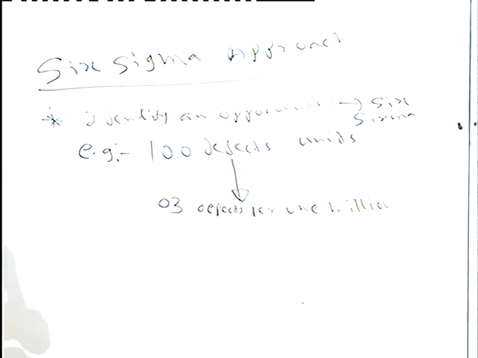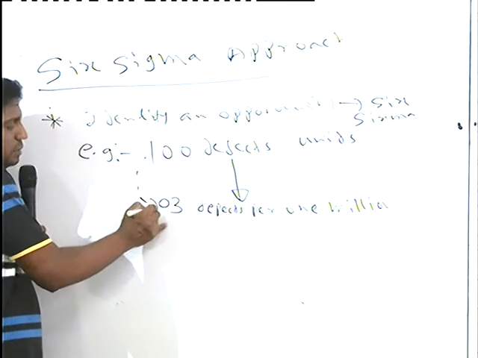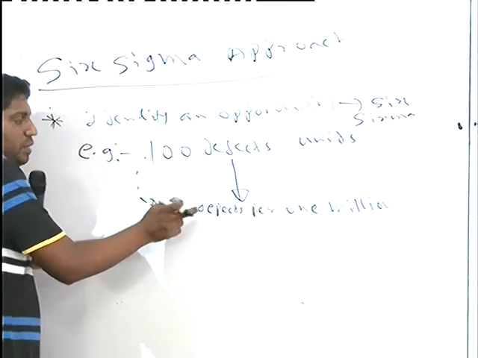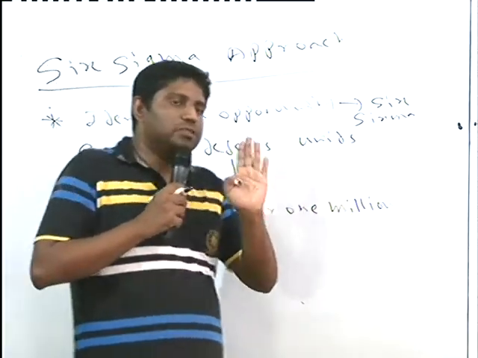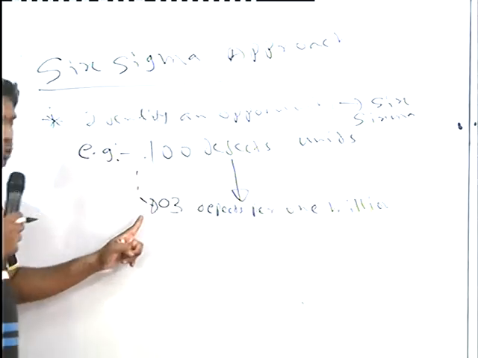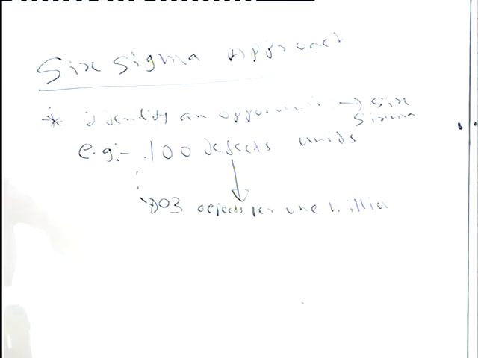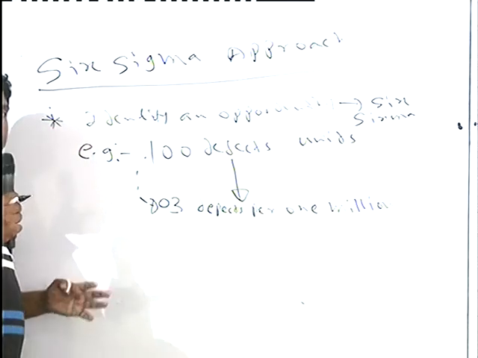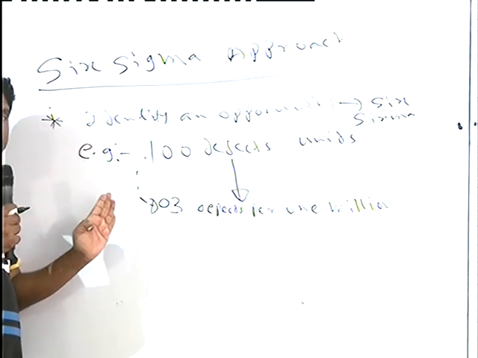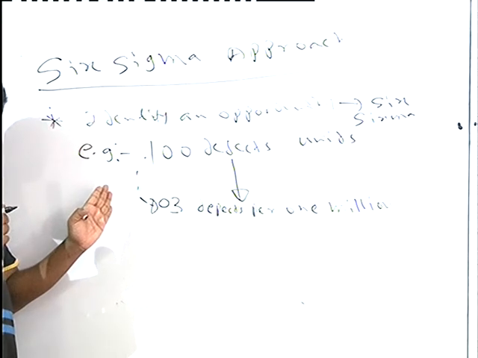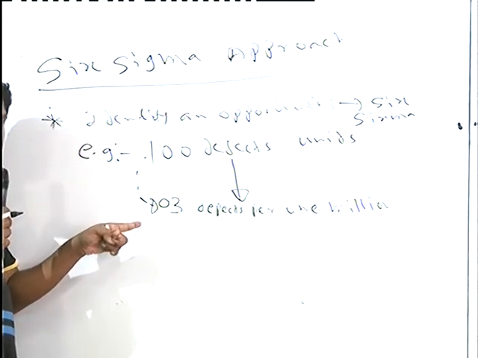At present, we experience 100 defective units. Our target is to reduce this 100 defective units down to 3 defects per 1 million units. That is our target. Now we have an objective, no? The objective is to reduce the number of defects from 100 to 3 per 1 million units.